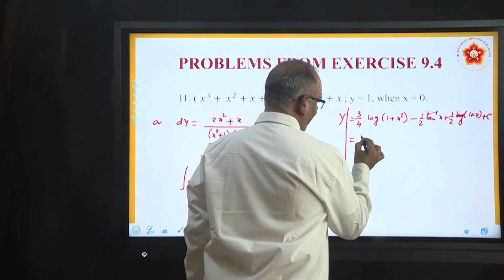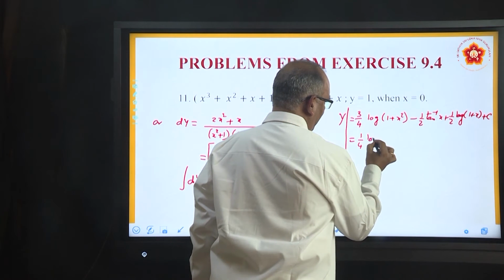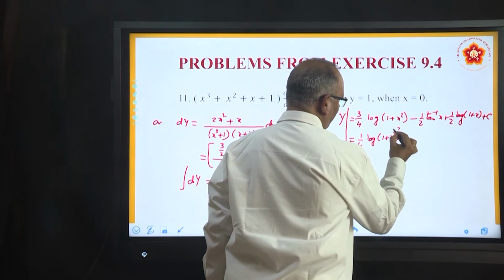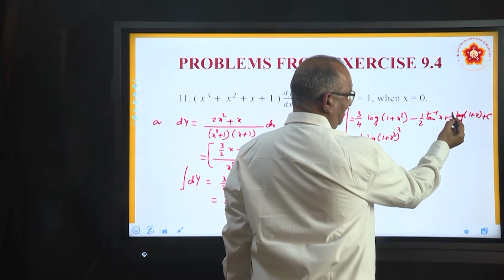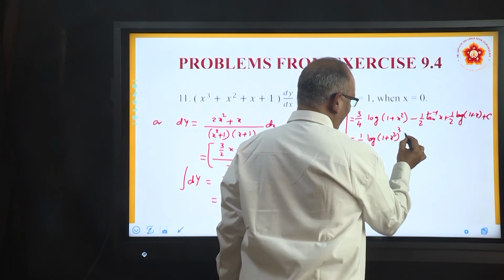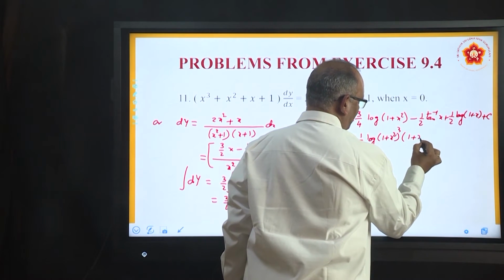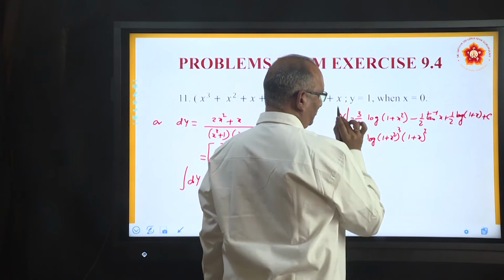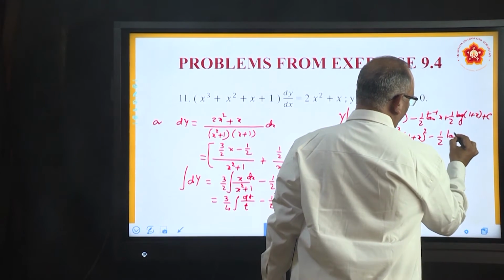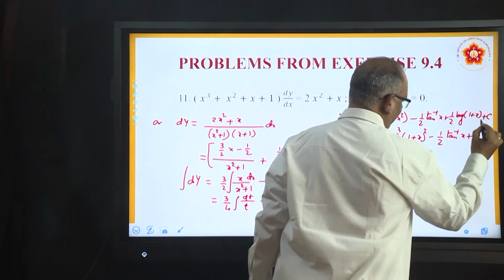This can be written as 1 by 4 log 1 plus x square cube. And if you multiply this with 2 and divide by 2, the 2 can be taken together and we can write it as 1 plus x whole square. 1 by 4 is already there, minus 1 by 2 tan inverse x plus c.